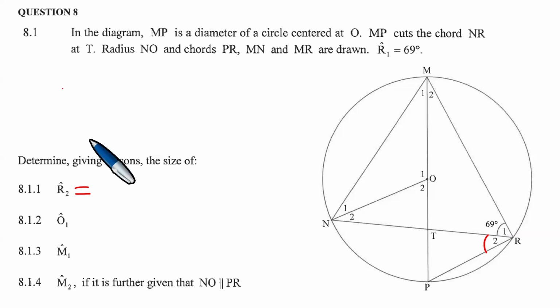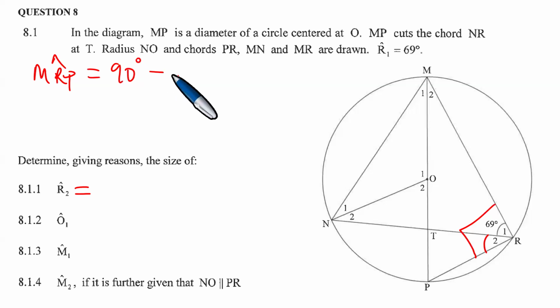Well done. Right. So to find the size of the angle R2, we first know that this entire angle equals 90 degrees. So we say the angle MRP is equal to 90 degrees minus 69 degrees, which is 21 degrees. But first, let us do this.